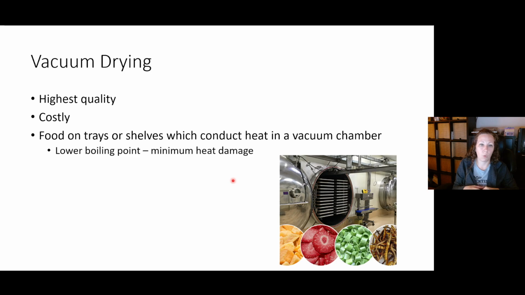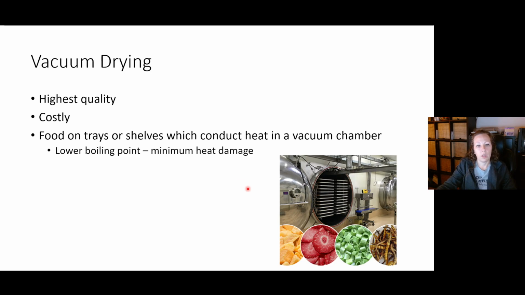And so with the boiling point, you're still going to get the moisture reaching the boiling point and turning to, not steam, but gaseous water. And you end up with very minimal heat damage because you don't have to heat it to as high of a temperature for the moisture to evaporate off of the food.